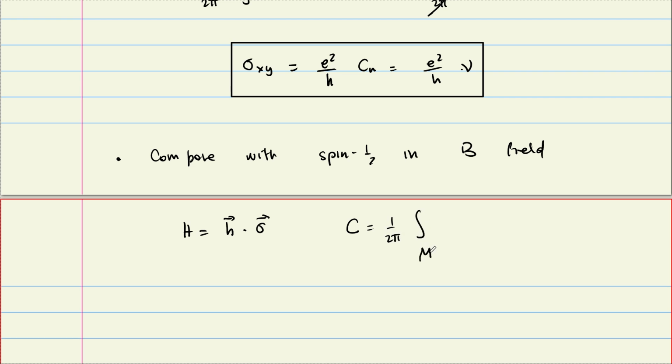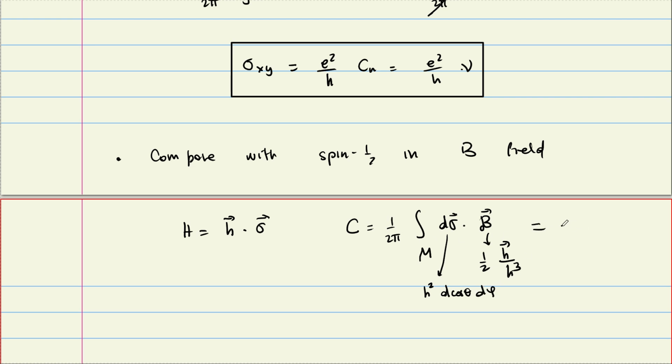There is some surface, let me call this surface M. And you just integrate the Berry curvature over this surface. The Berry curvature was, if you remember, something like 1/2 H over H cubed, and the surface element is going to be something like H squared d cosine theta d phi.